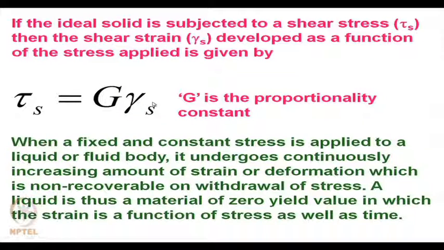Shear stress looks like this. Suppose you have a stack of playing cards. You can place the stack of playing cards on the table. You put your finger like this, and apply some stress in this direction.